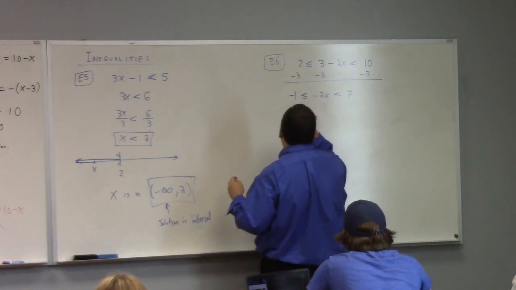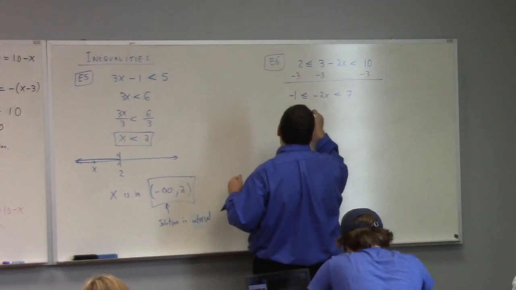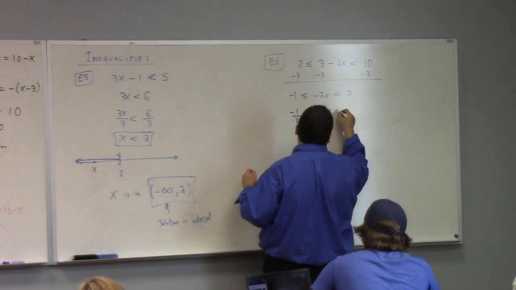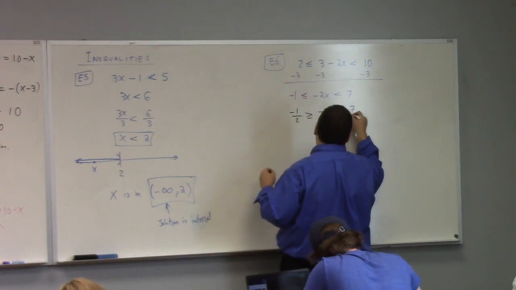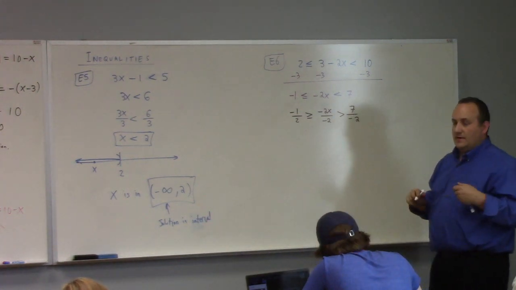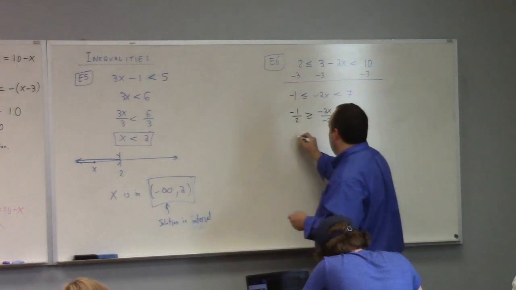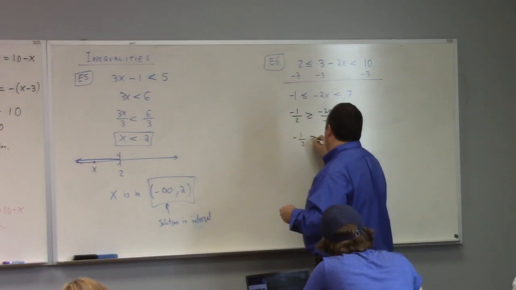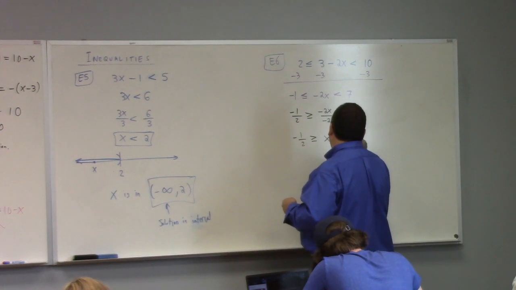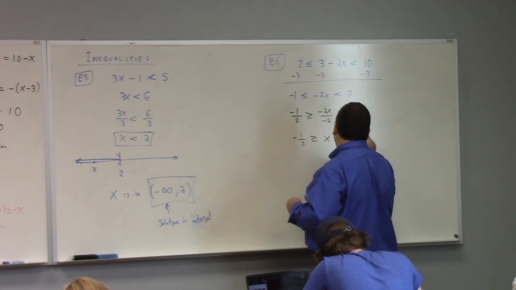So when I divide by minus 2, that becomes greater than or equal to minus 2x over minus 2, greater than 7 over minus 2. In other words, what we have is minus 1/2 is greater than or equal to x is greater than minus 7/2.